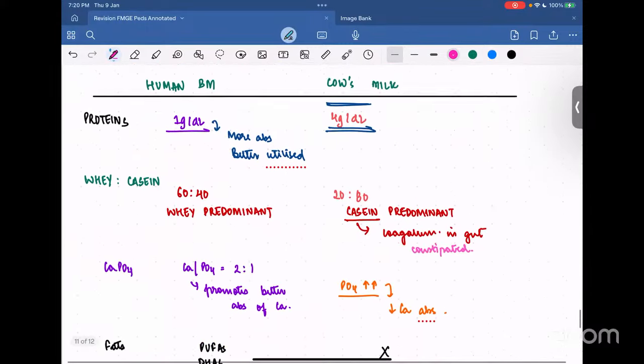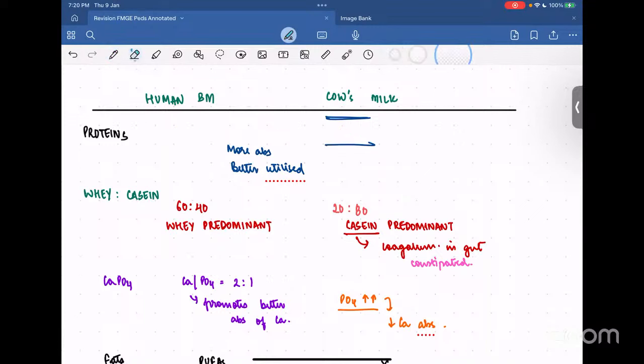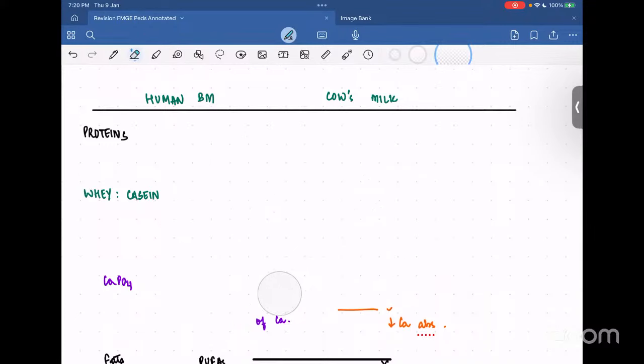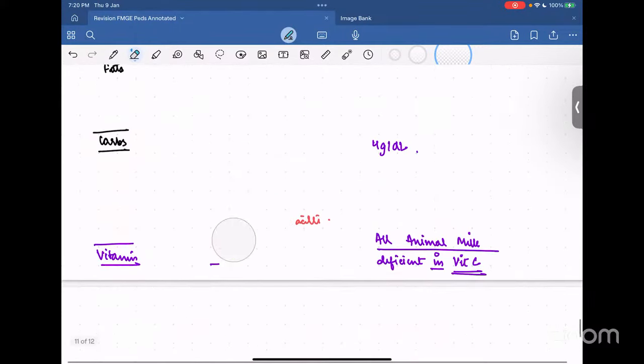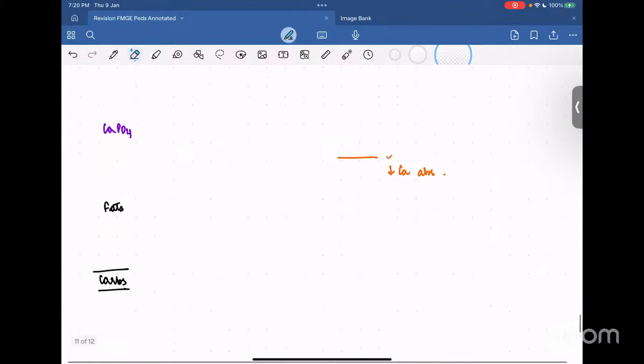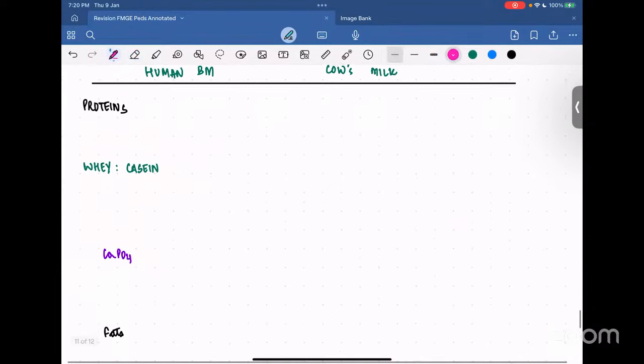What is important for your exam is the human breast milk and cow milk composition and what are the differences that are out there, right? Firstly, let's talk about the composition. Okay, firstly, let's talk about the macronutrients, that is the proteins, carbs, fat.